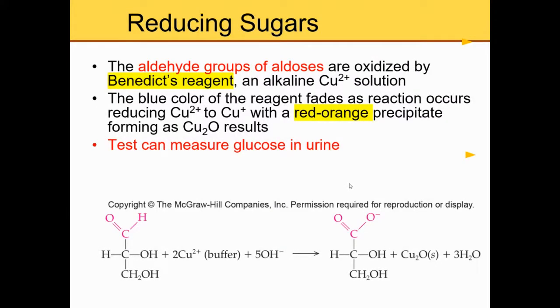And the Benedict reagent. Basically the aldehyde group of the aldose can be oxidized by the Benedict reagent, which is an alkaline copper solution, right? So basically, you can use this Benedict test to measure the glucose in the urine, right?